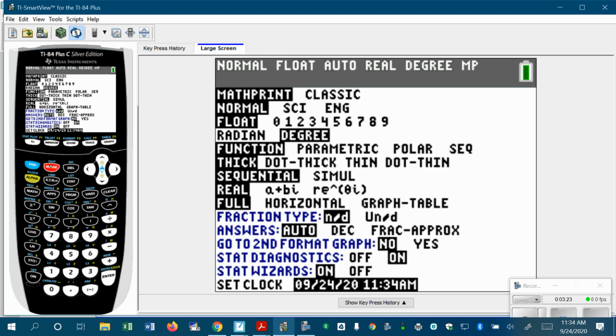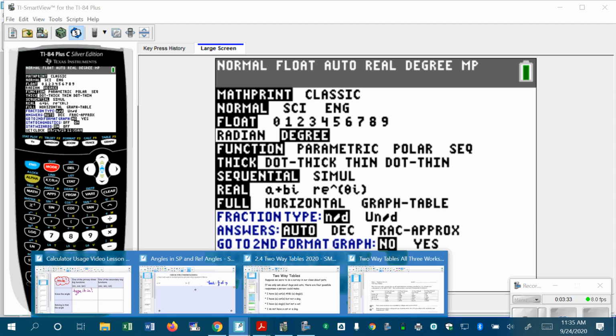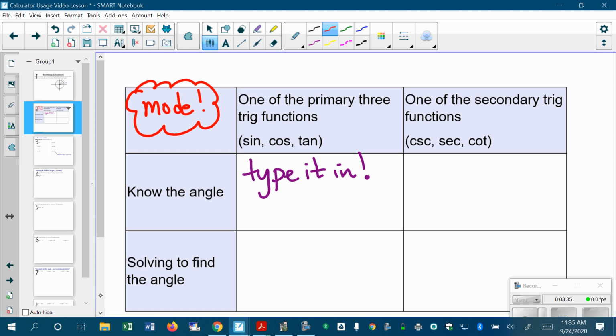Mode is in red on my screen right now, and notice that I have it on degree. So there's radian and there's degree. So right now I'm in degree. If I have a question that's in radians, I'm going to go to radians, okay? But I need to make sure that I'm aware of what mode my calculator is in, okay? So know the angle, we're just going to type it in. We're going to make sure that we're in the appropriate mode.